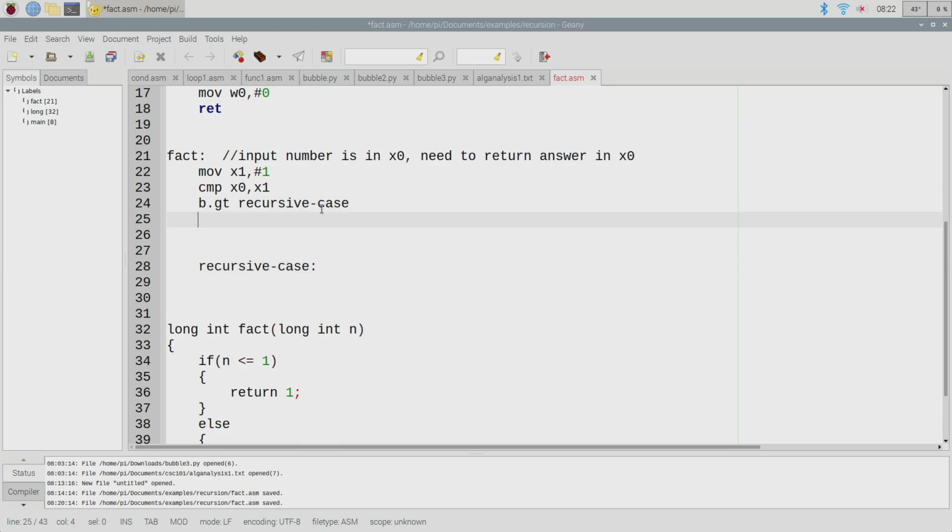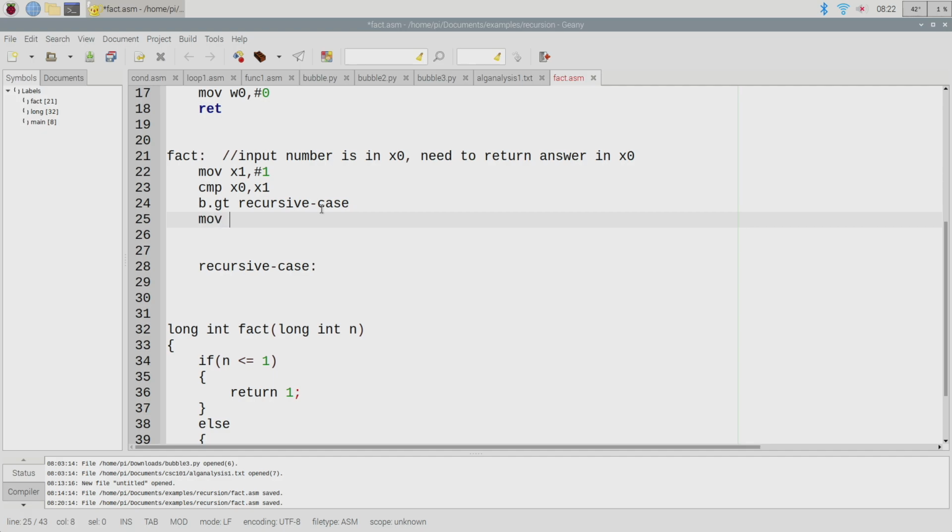Now if we do not go to the recursive case, that means we're doing our base case. What is the base case? That means the number that came in was less than or equal to 0 or 1. So we need to return 1. Where is the number 1 sitting at this moment? It's sitting in x1. Where does it need to be sitting? x0 to be returned.